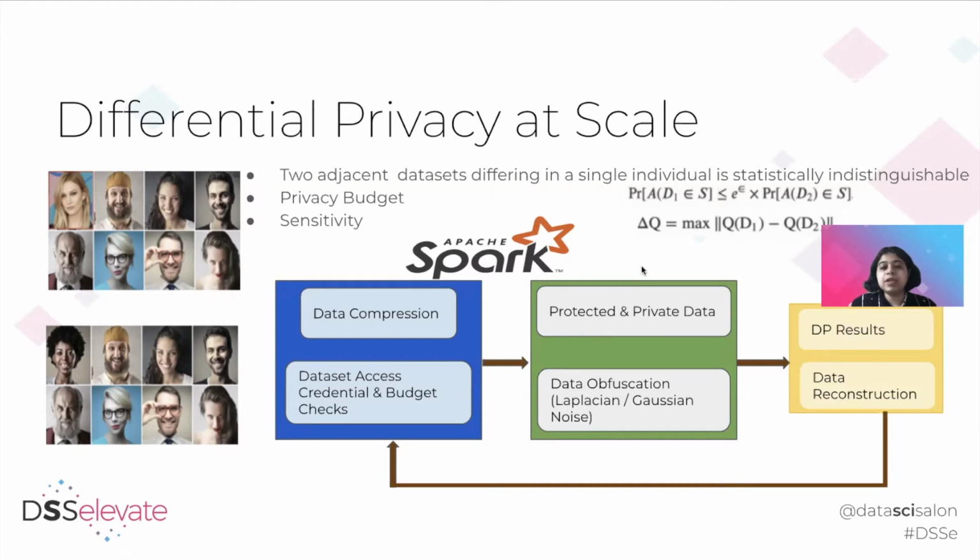Now, how do we build these private systems at large scale when we have to deploy models in production using Kubernetes or any other deployment tools? We have to ensure, when we deploy differential private systems using large-scale big data processing pipelines like Apache Spark, that we consider privacy before even compressing the data, checking the credentials and access rights when the data gets stored in the database, and that the protected private data is properly obfuscated using Gaussian or Laplacian noise, so that there is no leakage of sensitive information from the machine learning model.